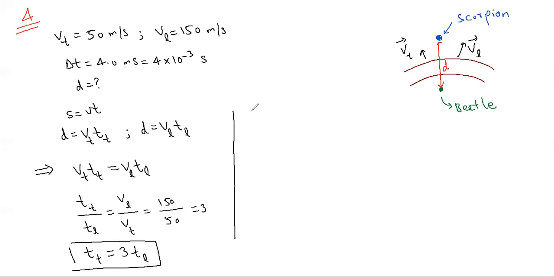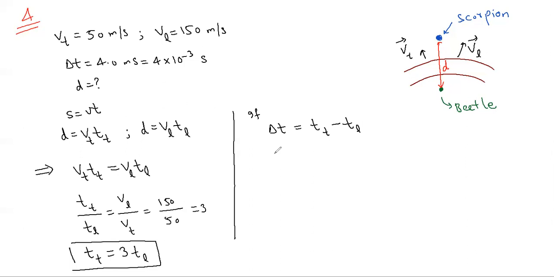Now, I am assuming this definition this way, but there is no hard and fast rule to define the time difference in this way, that transverse wave is with positive t while longitudinal wave is with negative t. In the other way around, you will get an extra negative sign, which you will have to remove by hand because the distance can't be negative.